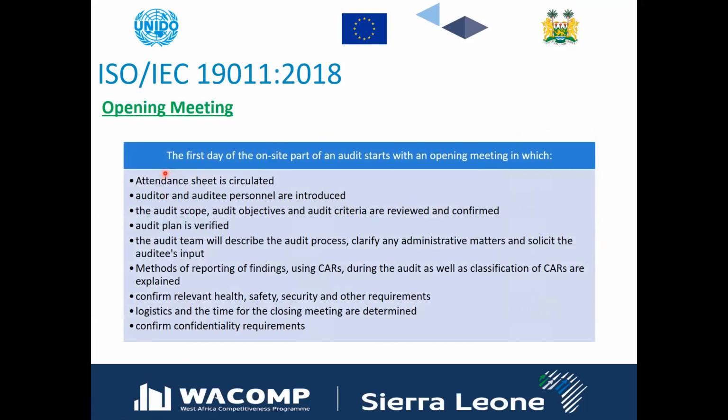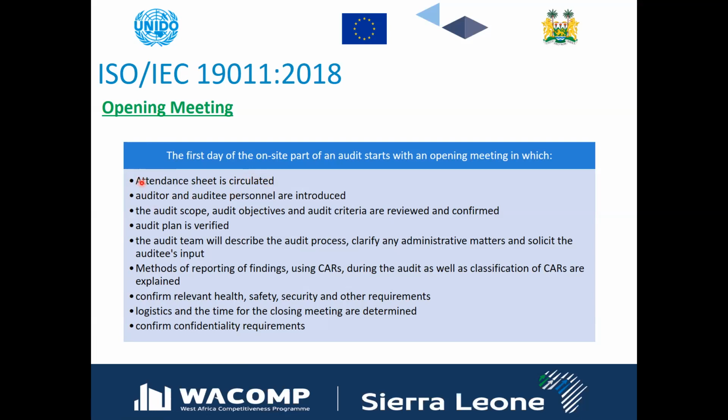We have discussed that in the opening meeting, one thing is very mandatory. You have to circulate the attendance sheet. Normally the certification bodies have their own formats, and the lead auditor keeps this attendance sheet with them.